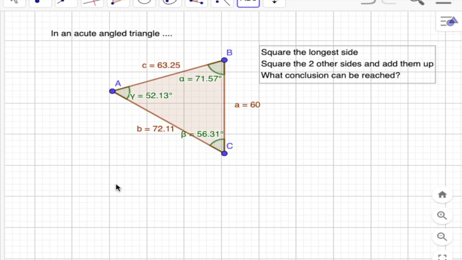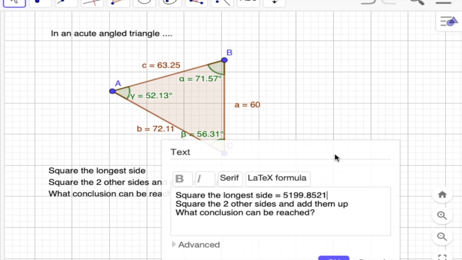Right, what did you get for the longest side? So 72,11 squared will give us 5,199,8521. Okay, what about the other two sides? Let's start with 63,25. If you square that, we can round off to 2 decimals, it's okay.